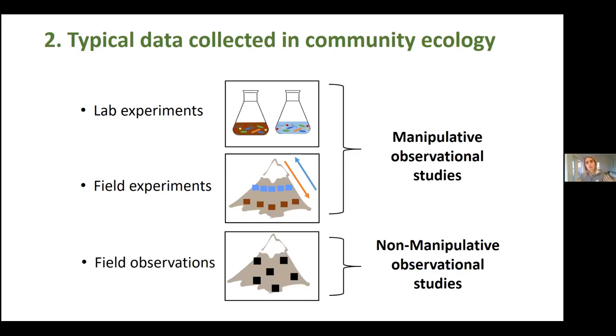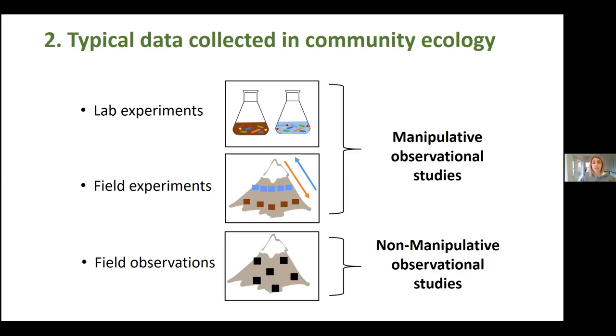Some of us work with laboratory experiments with bacteria or whichever small organisms. Some of us work with field experiments, so for example, if we translocate some communities here and there.